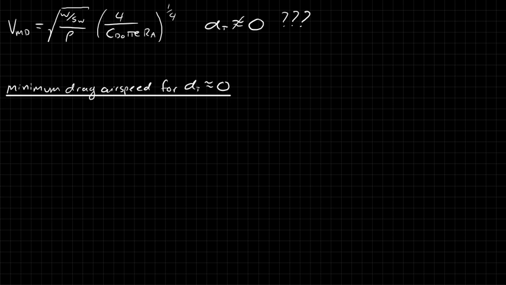Okay, so in order to do this, let's go back and look at our aircraft in steady level flight with a non-zero thrust angle. Okay, so here's our airplane. Kind of a chunky little guy. And it's flying, we'll do some blue here, straight horizontal in steady level flight.